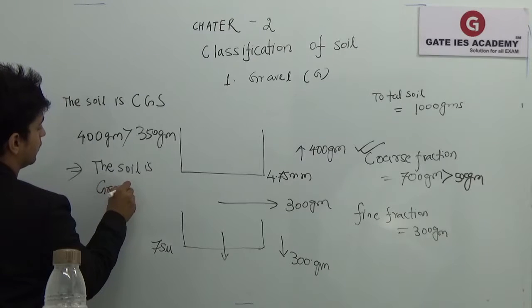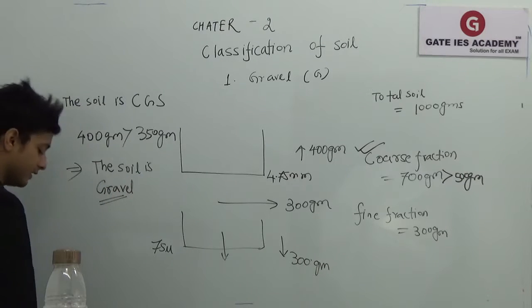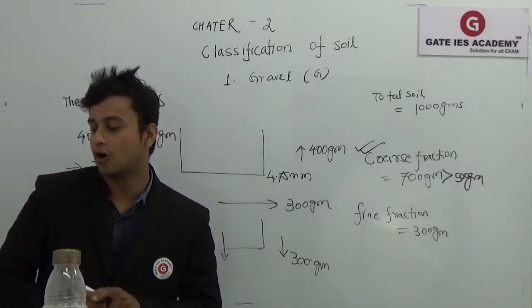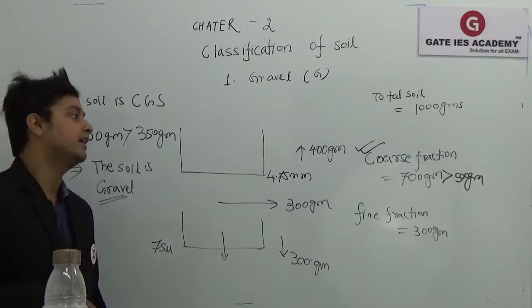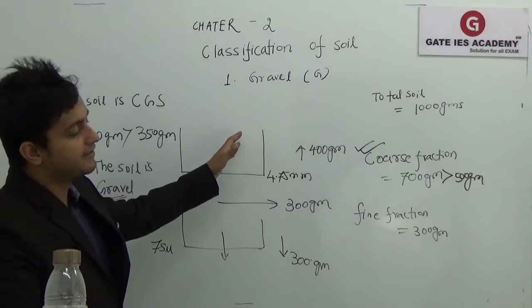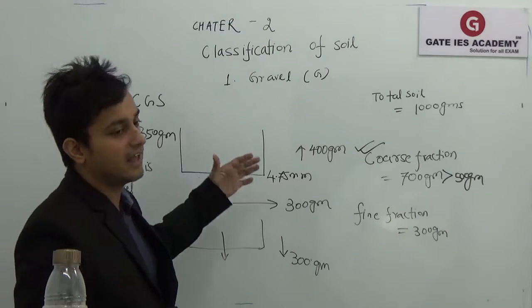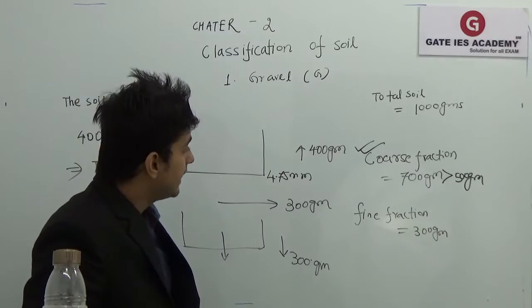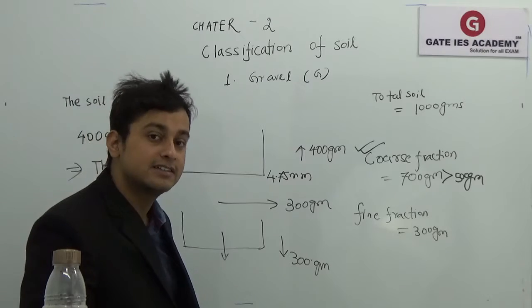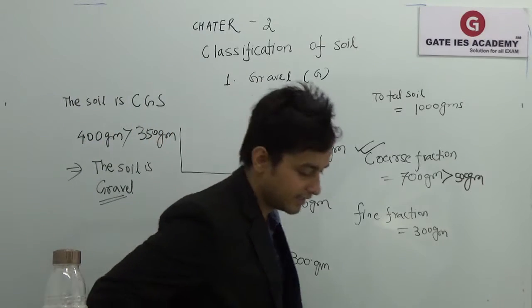So that is how you find out whether the soil is a gravel or a sand. You check the coarse fraction, and if more than 50% of it is greater than 4.75 mm, it will be a gravel. If it is less than that, then it will be a sand.